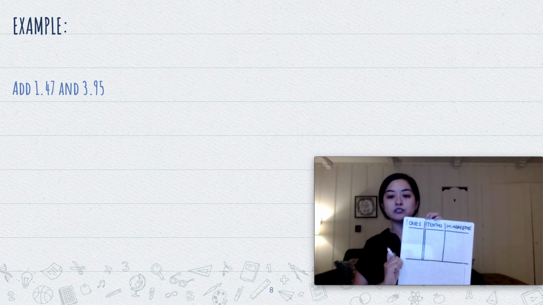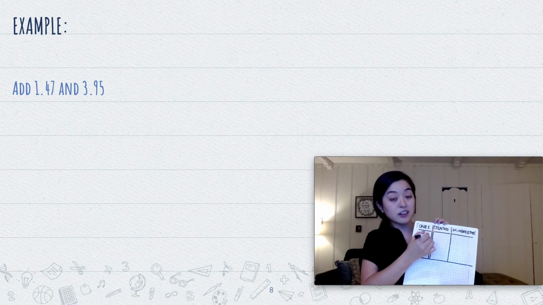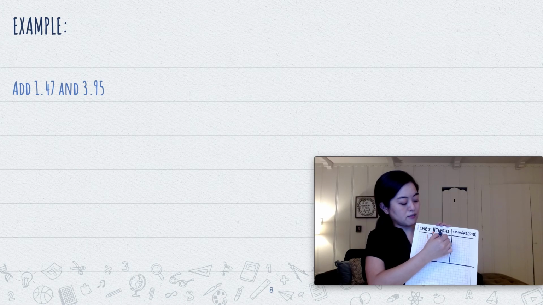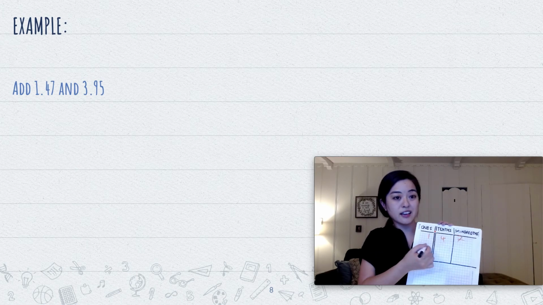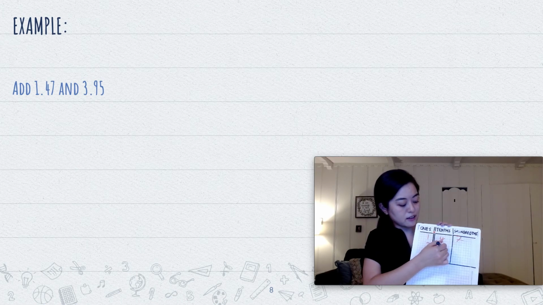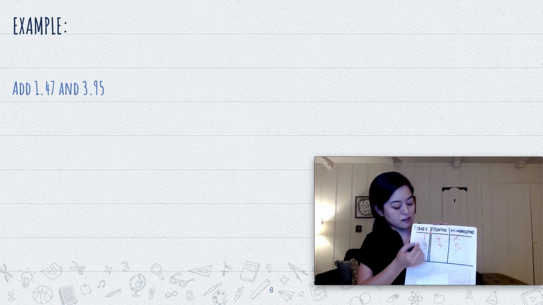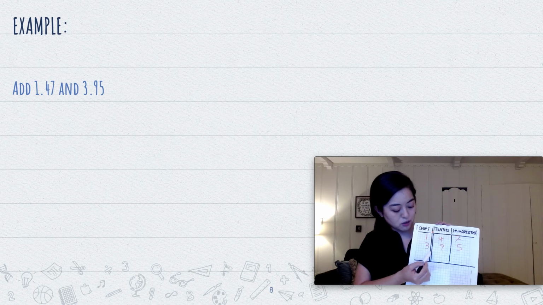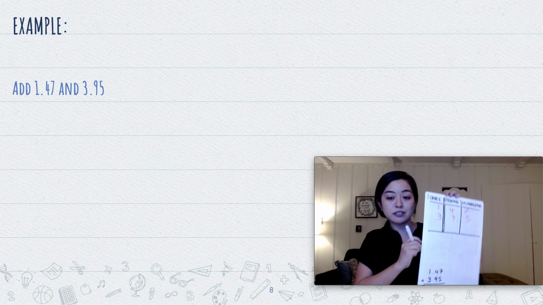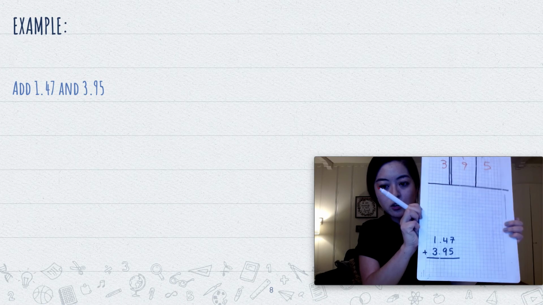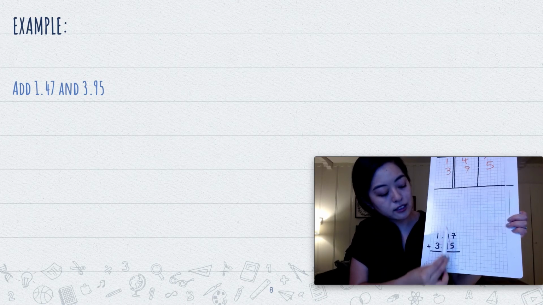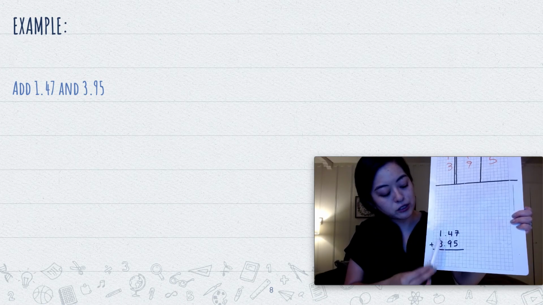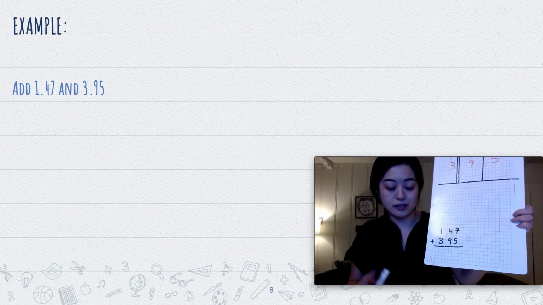So I'm going to write it in here. I see this is the hundredths, tenths, and ones, and then the decimal point goes down here. Okay, so I'm going to stack them up accordingly like so, where my hundredths are lined up, tenths are lined up, my decimal points are lined up, and my ones are lined up.